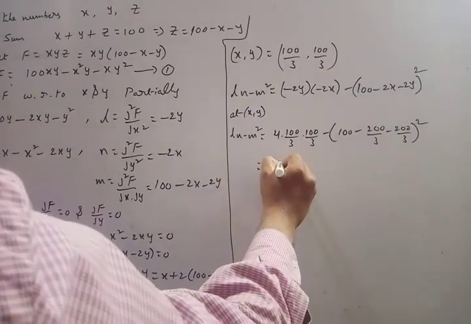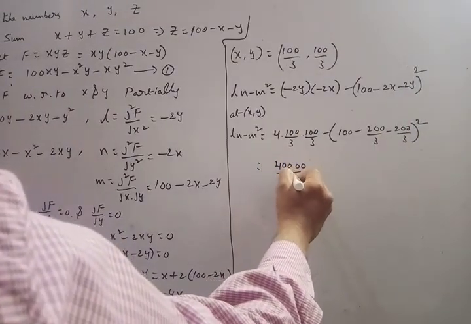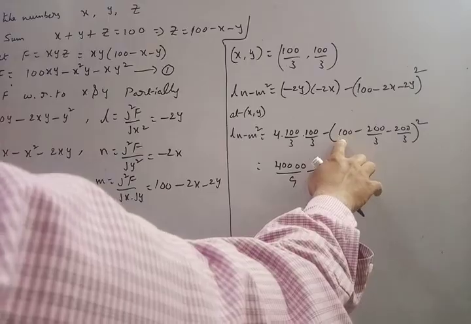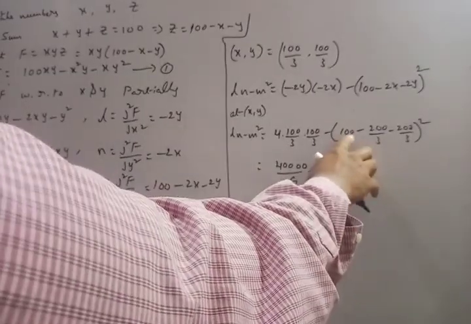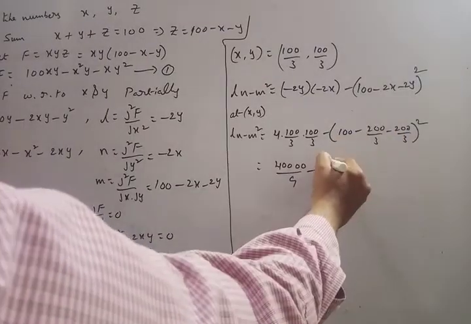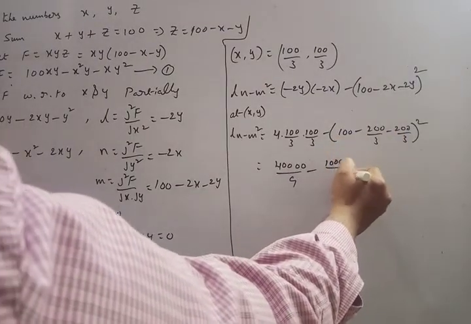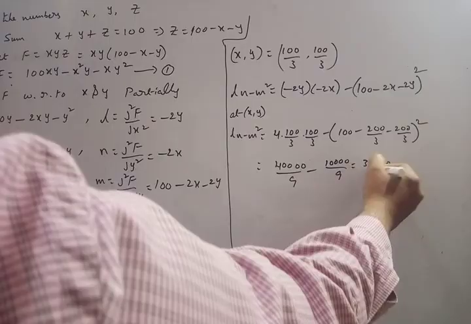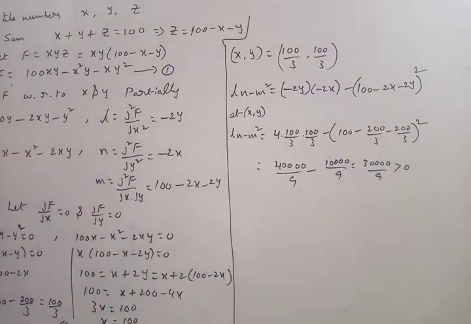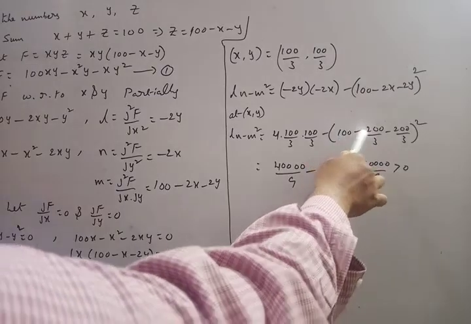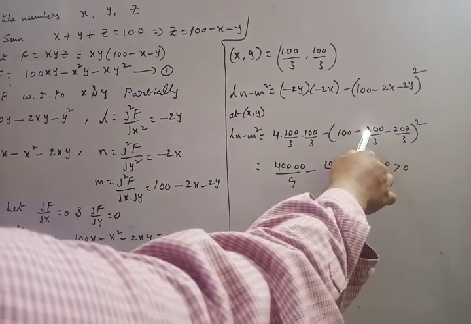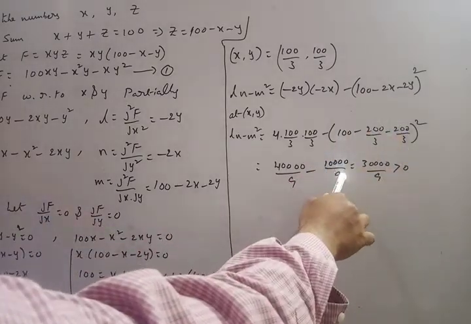So how much is it? 40,000 by 9 minus how much? 3 is the LCM, 300 minus 100, that means 10,000 by 9. So we get 30,000 by 9, it will give you greater than 0, correct?